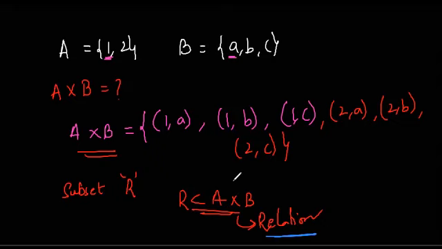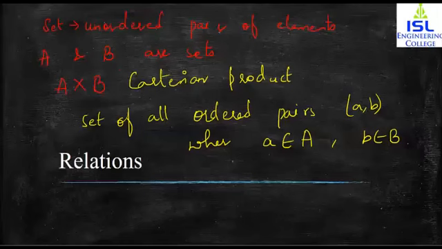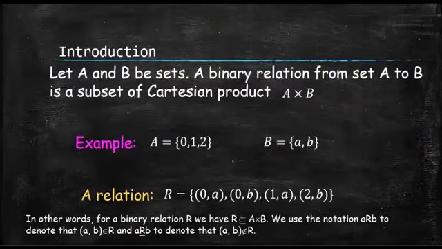Now we will study the formal definition of a relation. If A and B are sets, a binary relation, and why are we calling it binary? Because there are two sets A and B and we are considering a relation on them.